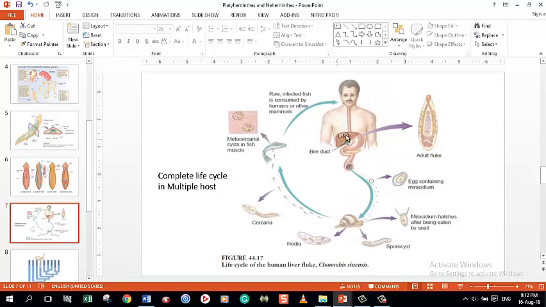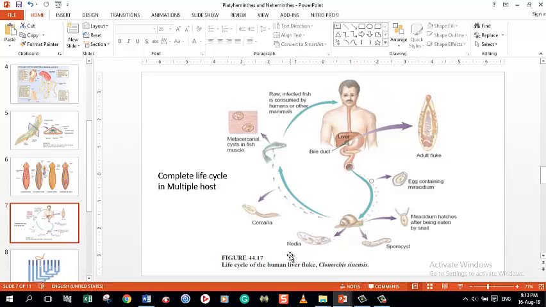This is to show you how the animals try to complete this life cycle. In the human liver, the adults remain there and produce eggs, and the eggs are released along with the fecal matter, and this will be eaten by the snail.